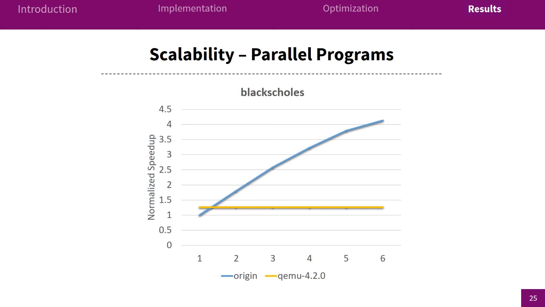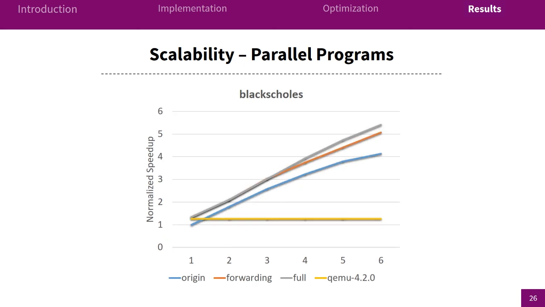The blue line represents DQEMU speedup and the yellow line is the baseline, which is QEMU 4. We can see that as the slave nodes go up, DQEMU continuously gains speedup. With the optimization of page forwarding turned on, shown as the orange line, you can see that it gives DQEMU better scalability.